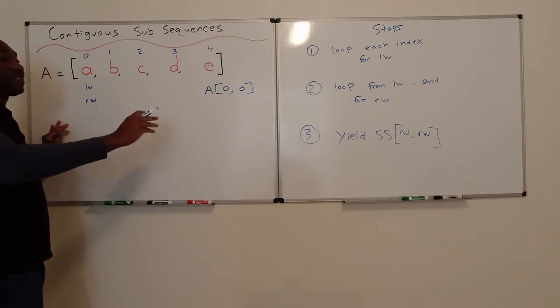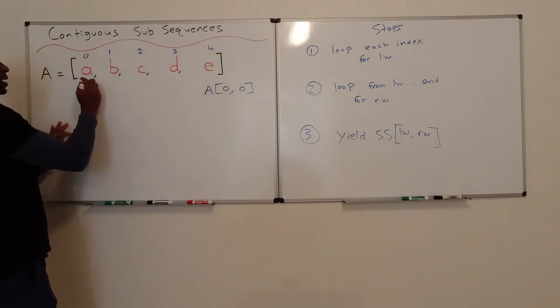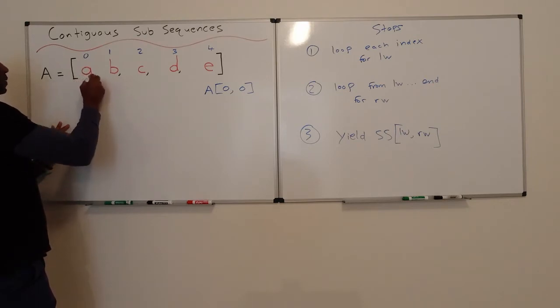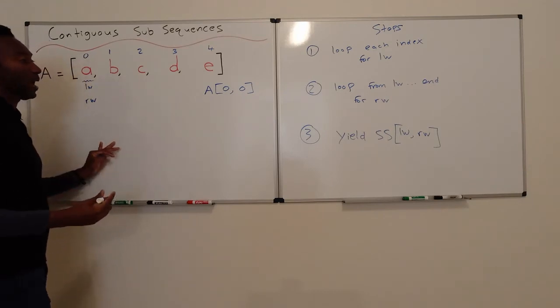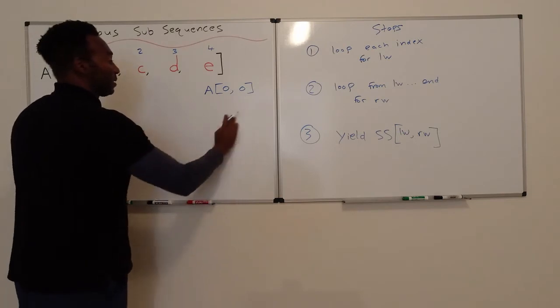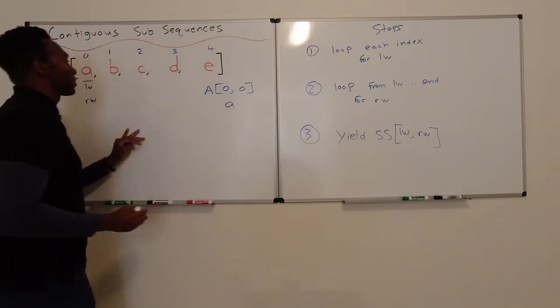So keep in mind that this represents including. In this situation, they're both 0. So we're looking at what element is there, and we end up with A. So A is the very first subsequence that we have. And I'm going to write my answers here so you guys can see it. So here we have the very first subsequence.